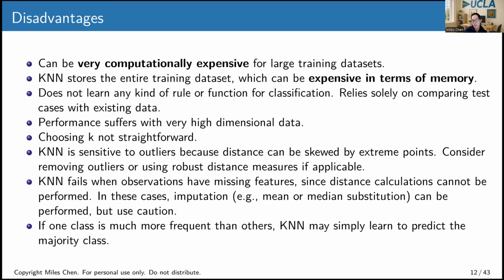Okay. And then another problem is that if you have one class that is just much more frequent than the other, right? If you have a severe class imbalance, then k-nearest neighbors could end up just predicting the majority class for almost every single one of your data points, which is probably not what you want.